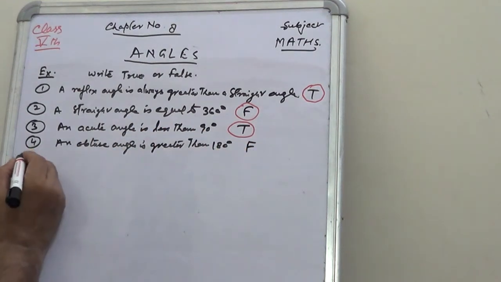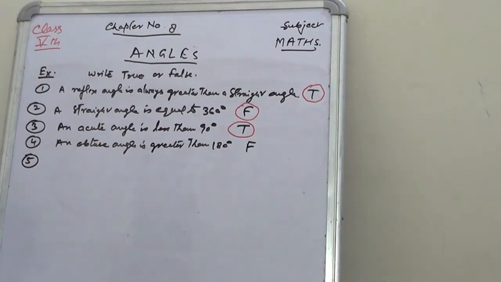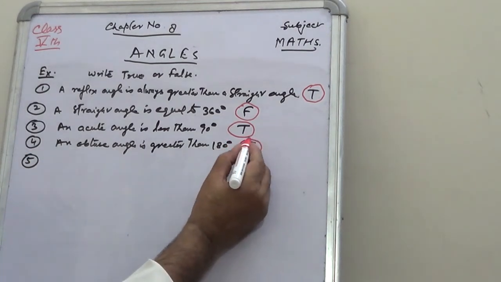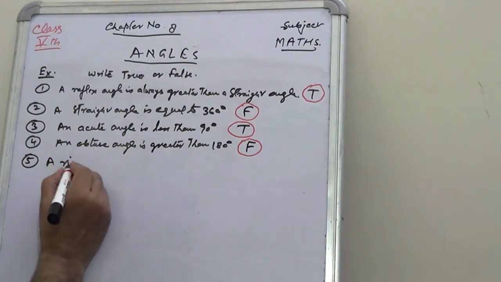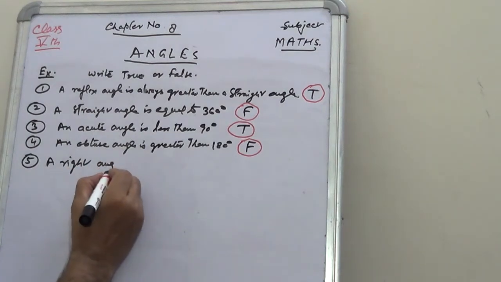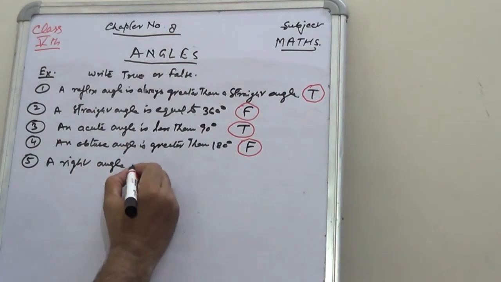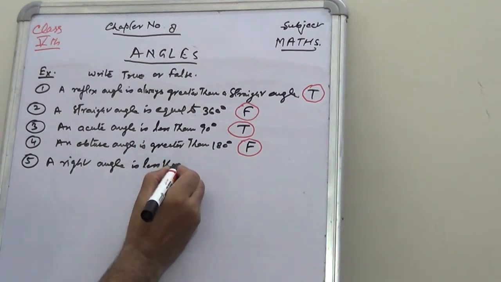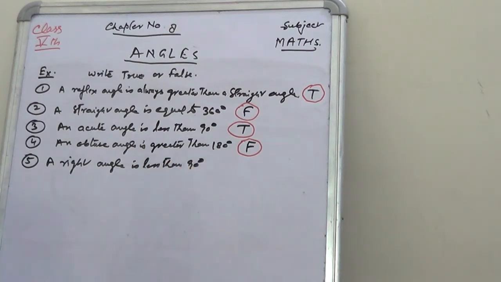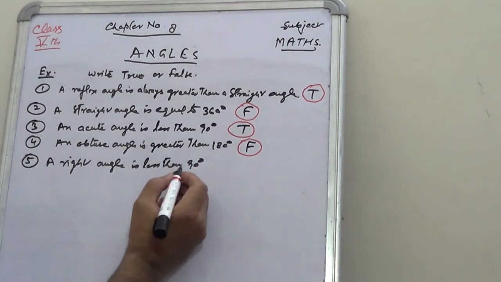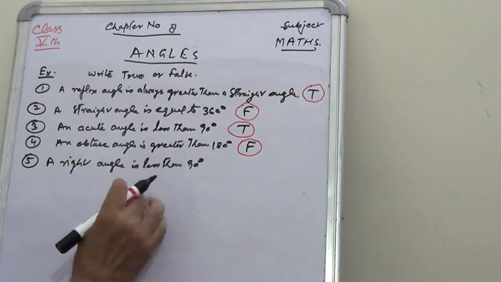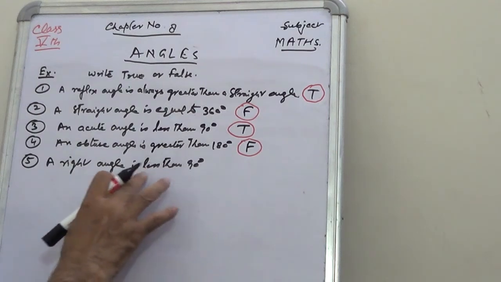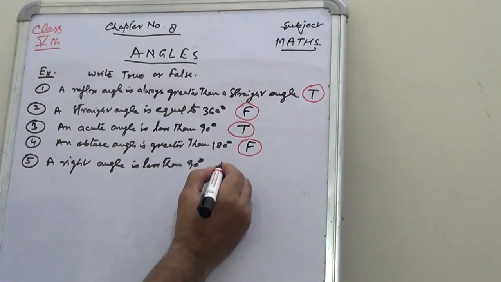So this statement is false. Now the next statement is, a right angle is less than 90 degree. Children, right angle always has a single measure of 90 degree. It is not less than 90 degree. It is of 90 degree. Therefore, this statement is also false.